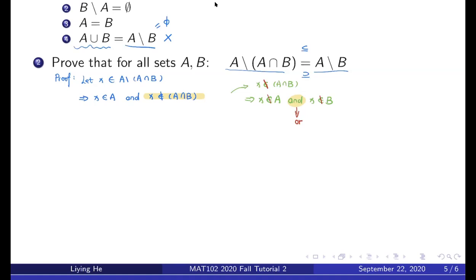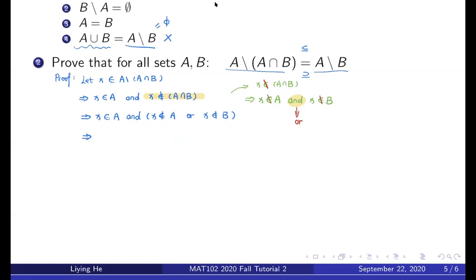So let's write it down. X is not in A or x is not in B. Now you can just use a distribution law, distribute them out. So distribute this with this and then this with that as well.